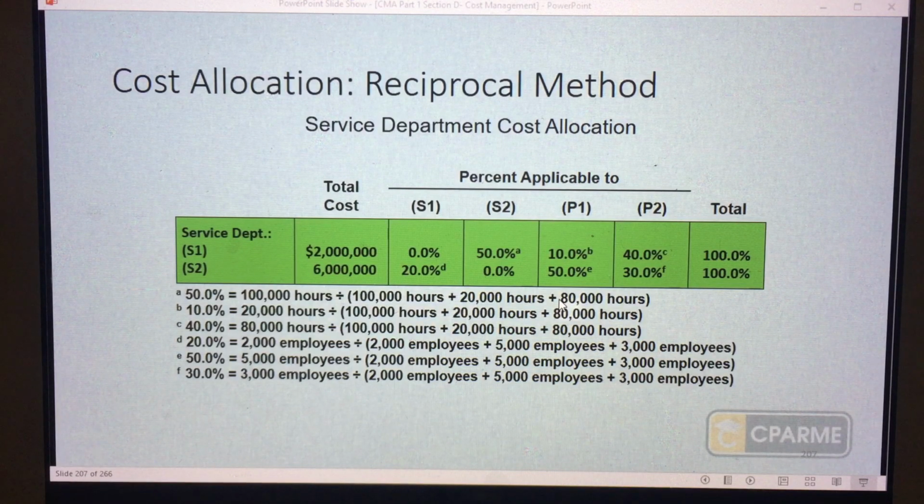So now we will allocate the 2 million S1 cost to P1 and P2 using 10% and 40%, and your 6 million total cost from S2 would be allocated to P1 and P2 using this time 50% and 30%. Again, take note of our cost drivers, which are the number of hours of your employees.